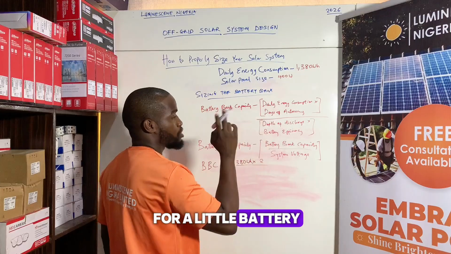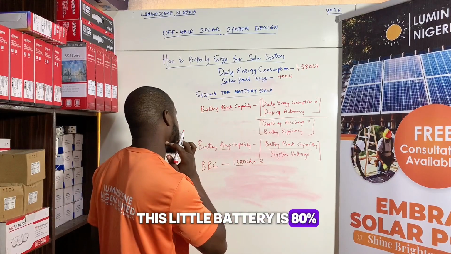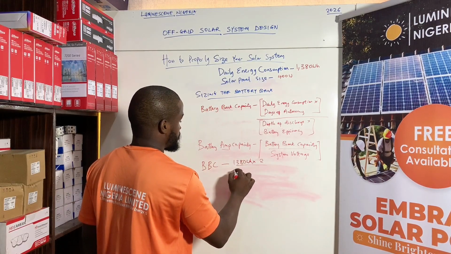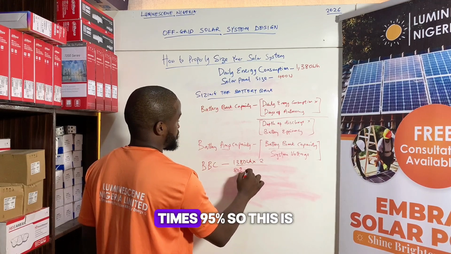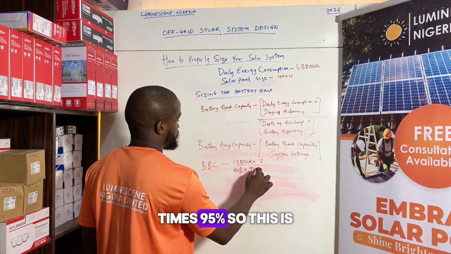For a lithium battery, depth of discharge is 80%, divided by 80% times 95%.